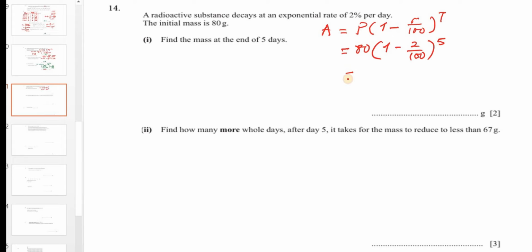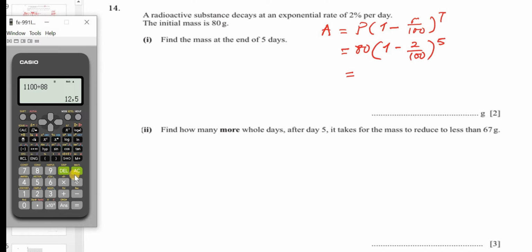We can use the calculator directly as follows: 80, open bracket, 1 minus, fraction 2 over 100, close the bracket, then raised to the power of 5. This is how to use the calculator for this.